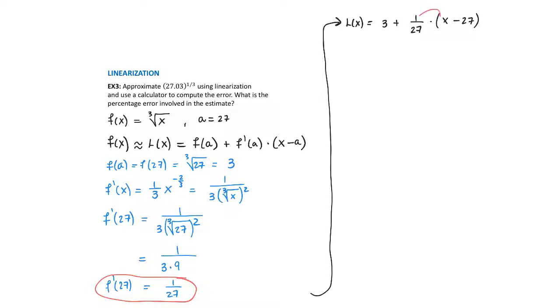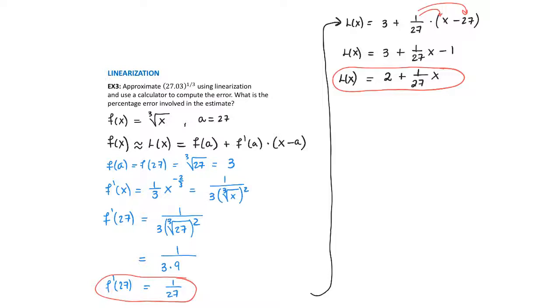And then I'm going to distribute my values. So L of x will be equal to 3 plus 1 over 27 x minus 1. That's going to give me 2 plus 1 over 27 x. And that becomes the linearization, or in other words, the equation of the tangent line.